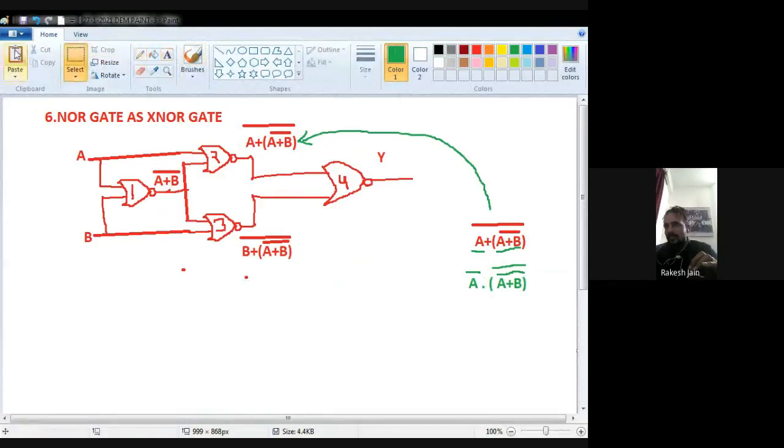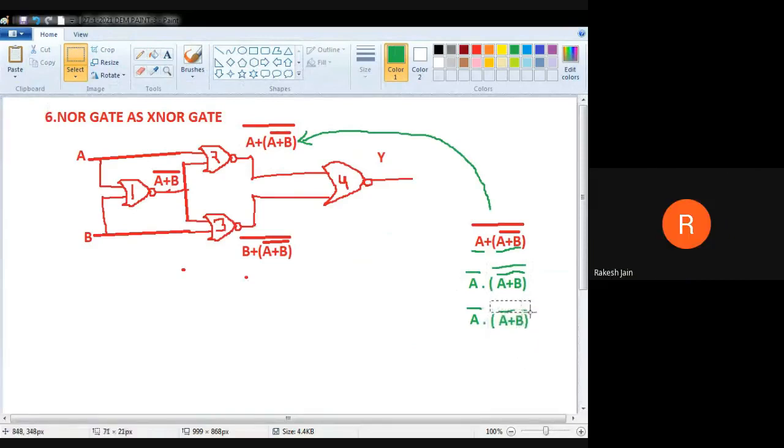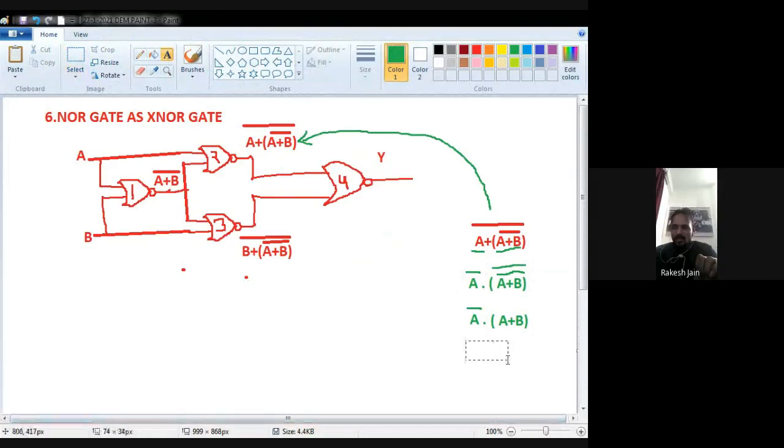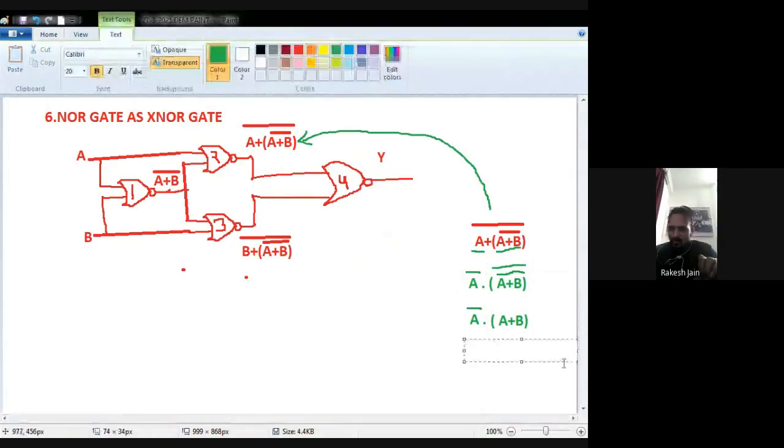Now what will happen? The first will be the same. Then A bar dot, and the bar to bar will be cancelled out. A plus B having a bar to bar, this bar to bar will be cancelled out from each other, and we only have A plus B. Now multiply this A bar inside.